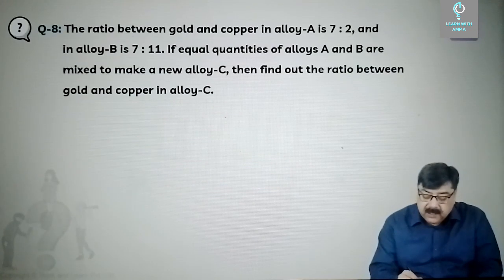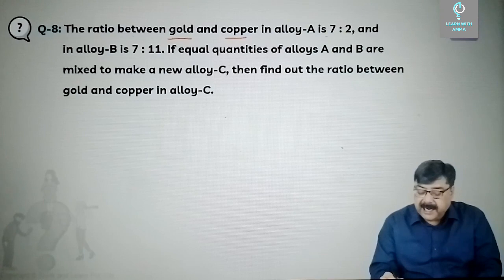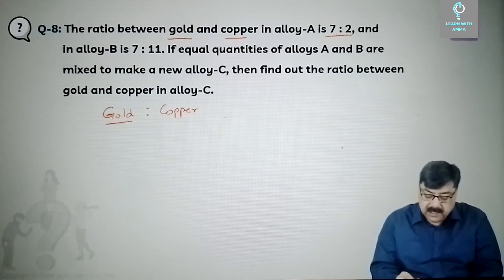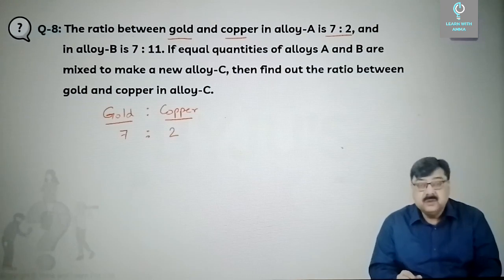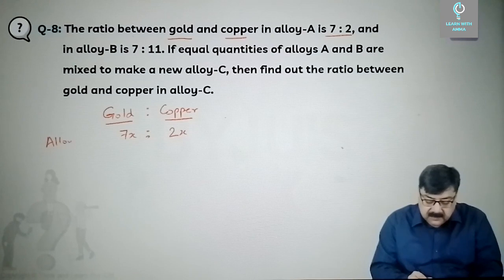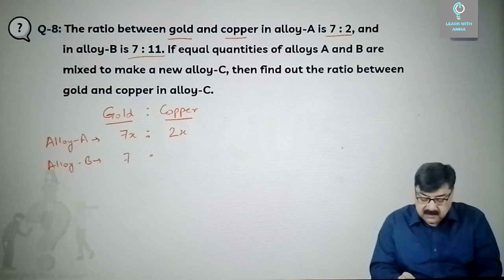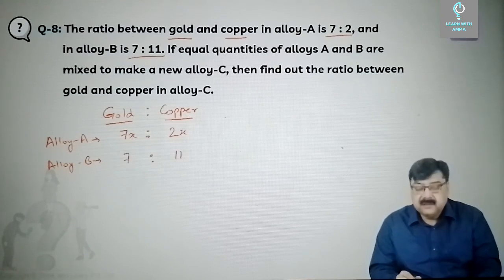Alright, the ratio between gold and copper in alloy A is 7:2. Okay, let's do this here. Gold is to copper, they are in the ratio 7:2. That is nothing but 7x and 2x. This is alloy A. And in alloy B, the ratio is 7:11.